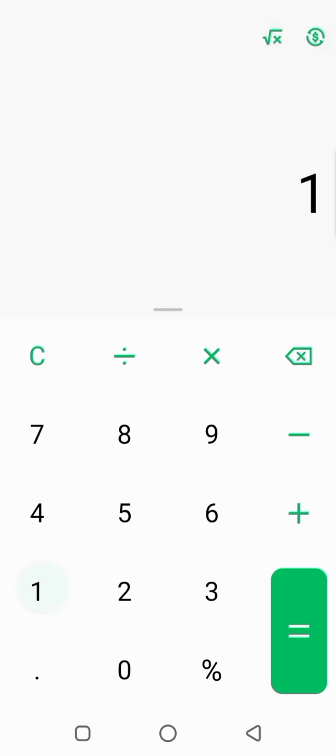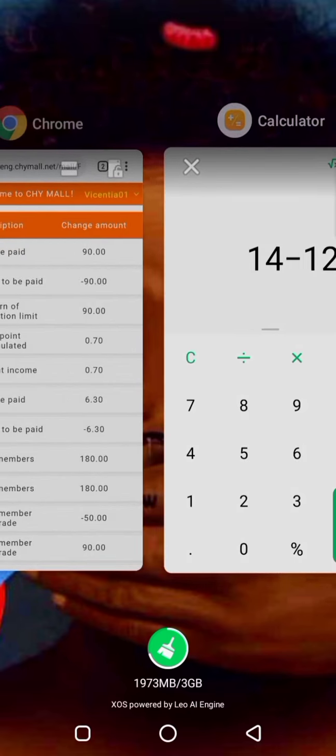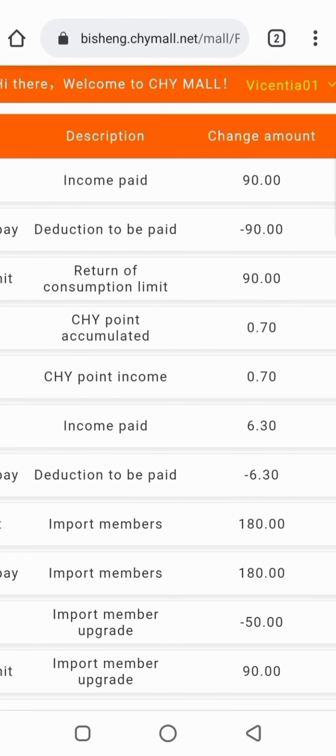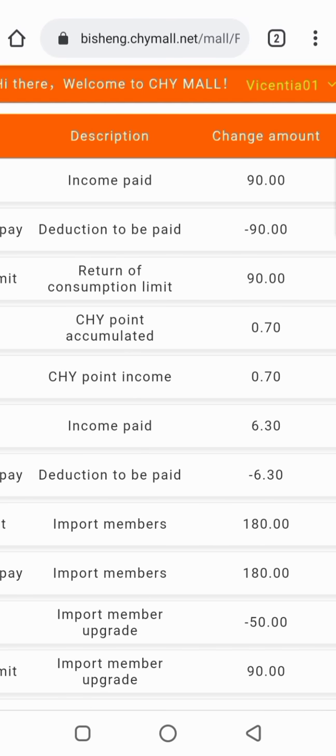So instead of the 14, they take 12.6, and you are going to be getting 1.4 every 10 to 12 days. That's if you're on a VIP3 earning $14. So that was why the CHY point here is 0.7.